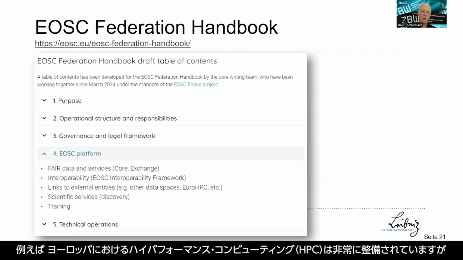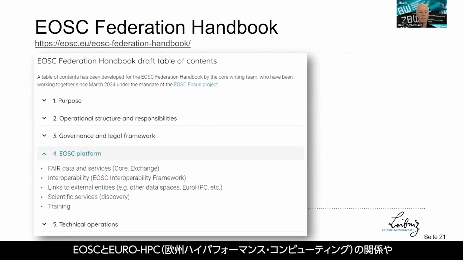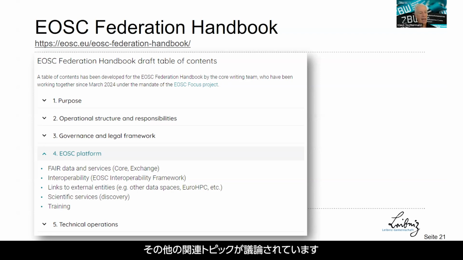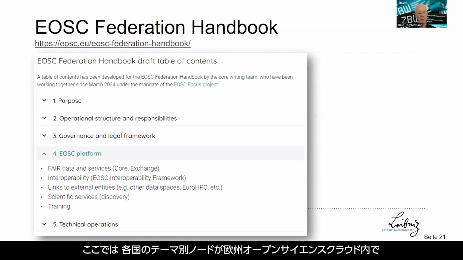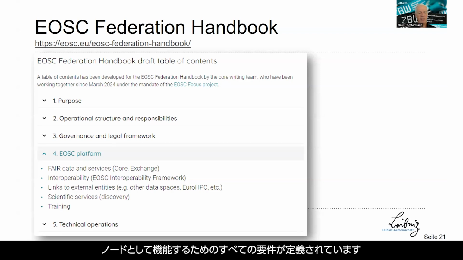What is the relation between EOSC and EuroHPC, the high-performance computing in Europe, and other topics? So this is then the Federation Handbook, which will be a joint publication of the tripartite collaboration, that is the scientific community, the European Commission, and the member states. And there we define all the requirements under which national and thematic nodes can become a node within the European Open Science Cloud.